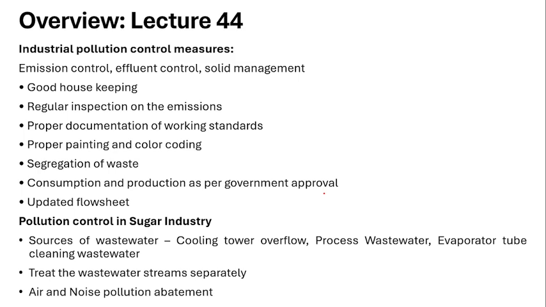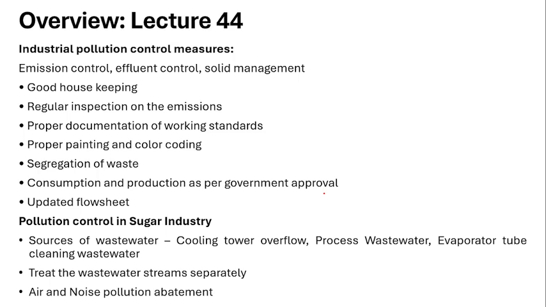Now coming to lecture 44, we have seen about sludge management in the previous three lectures. This final lecture is about industrial pollution control. Whenever there is an industry, there could be all possible pollutants, right? There will be a gaseous pollutant, a liquid pollutant, and also a solid pollutant.